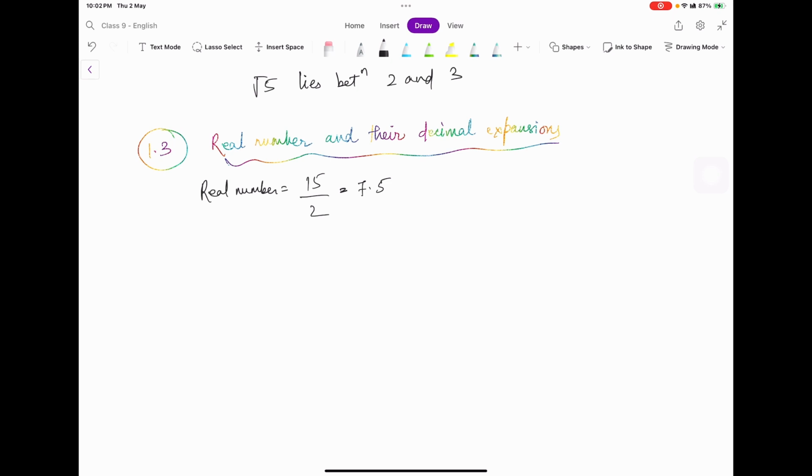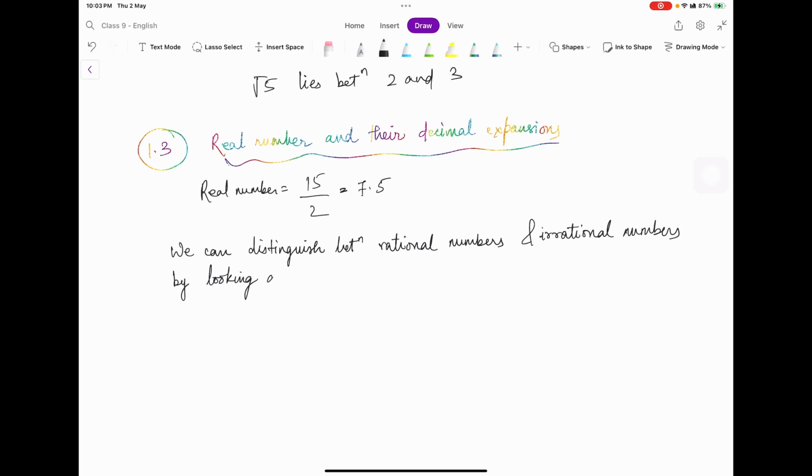And we are learning decimal expansions because we can distinguish between rational numbers and irrational numbers by looking at their decimal expansions.